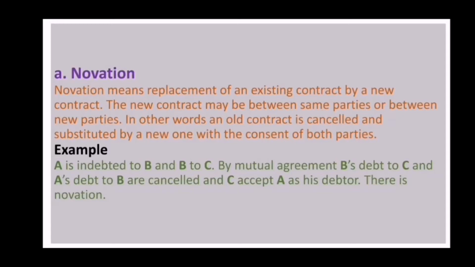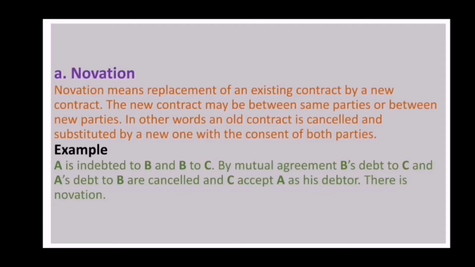Novation means replacement of an existing contract by a new contract. The new contract may be between the same parties or between new parties. In other words, an old contract is cancelled and substituted by a new one with the consent of both parties.